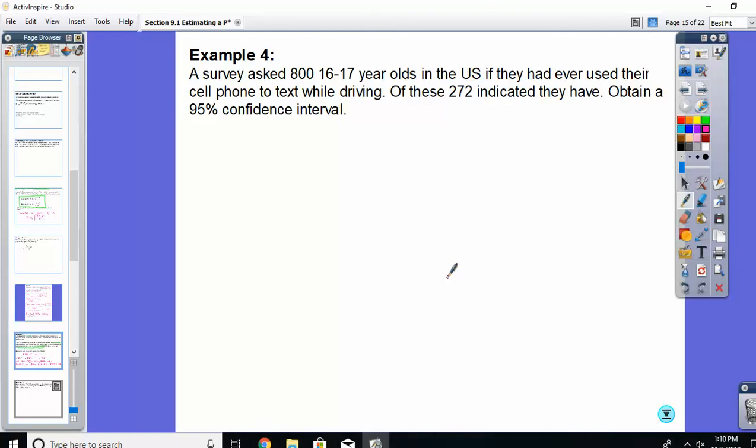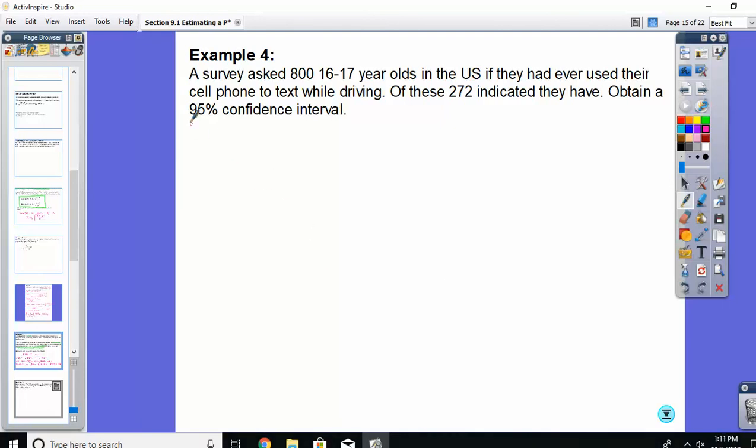Alright, a survey asked 800 16 to 17-year-olds in the U.S. if they have ever used their cell phone to text while driving. Of these, 272 indicated that they have. Obtain a 95% confidence interval.